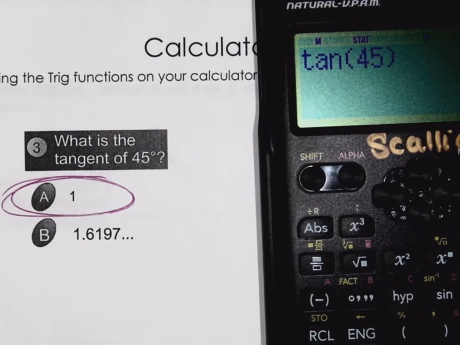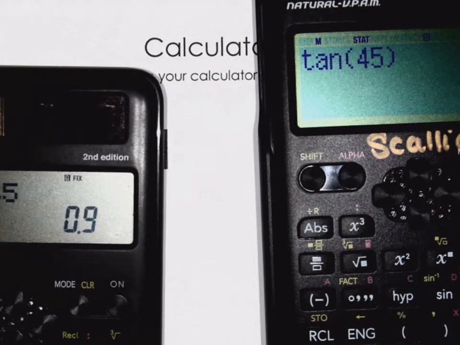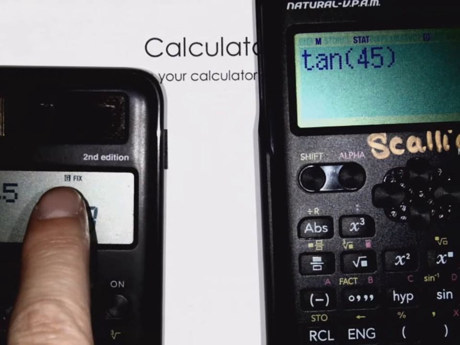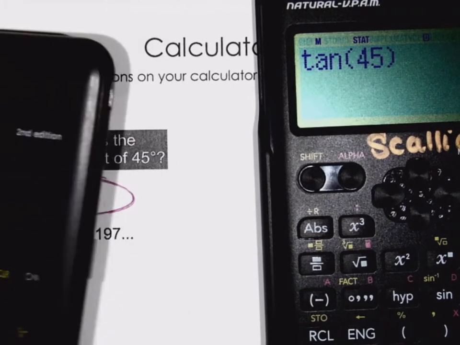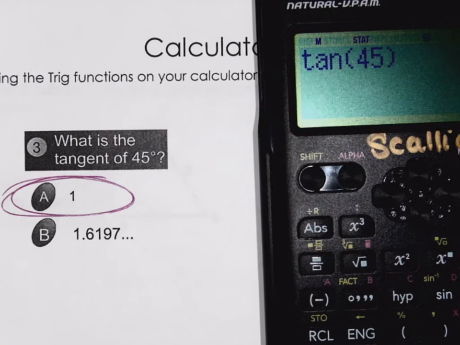So shift here, option 1. Okay, so that wasn't it. Never mind. That doesn't do that one. Okay, there you go. I got it in degrees for you.